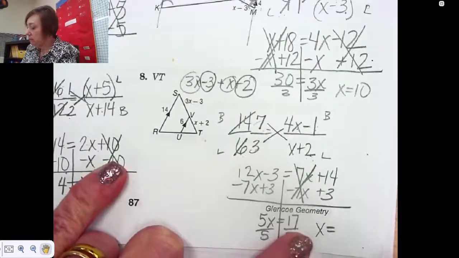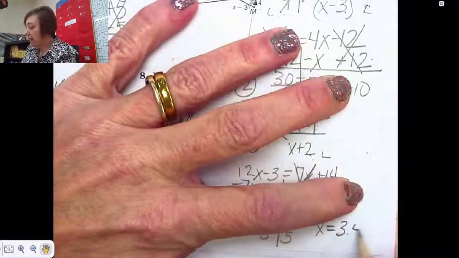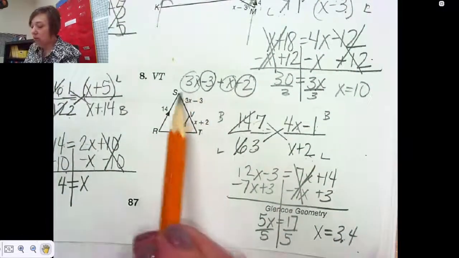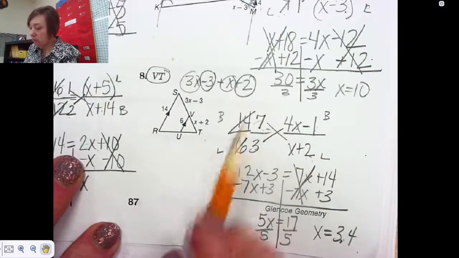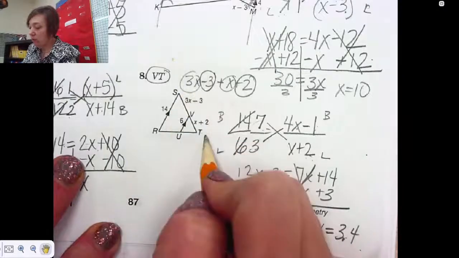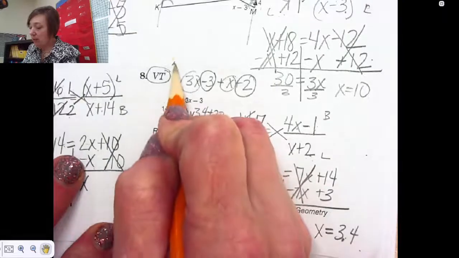What's it going to be? 4.6. Is that my answer? No, because what did they ask for? VT. So what is my answer? 6.6. Because we do 4.6 plus 2. So it's going to be 6.6.